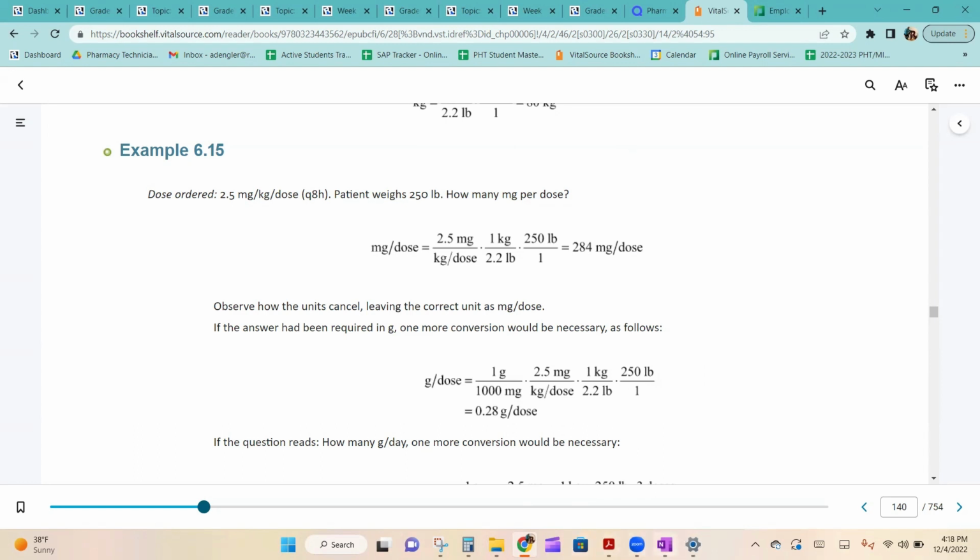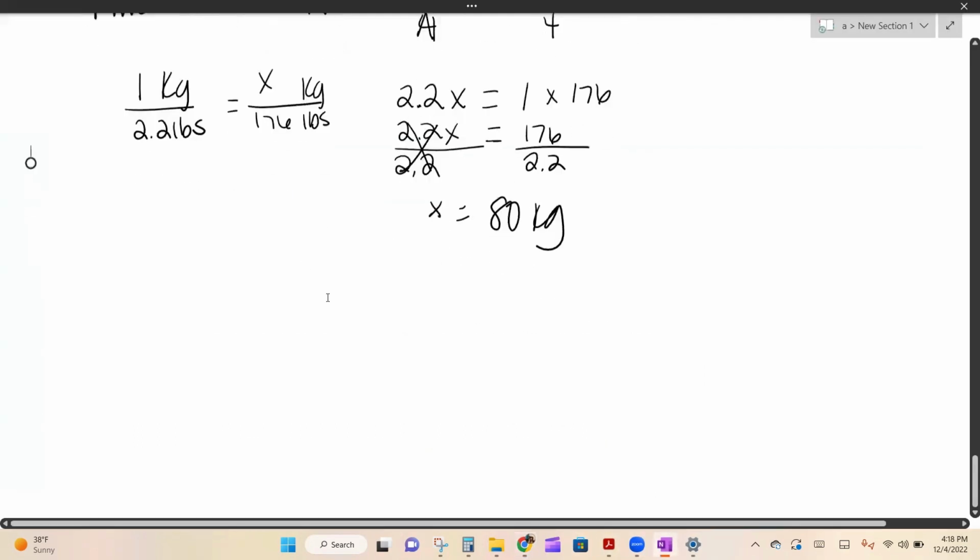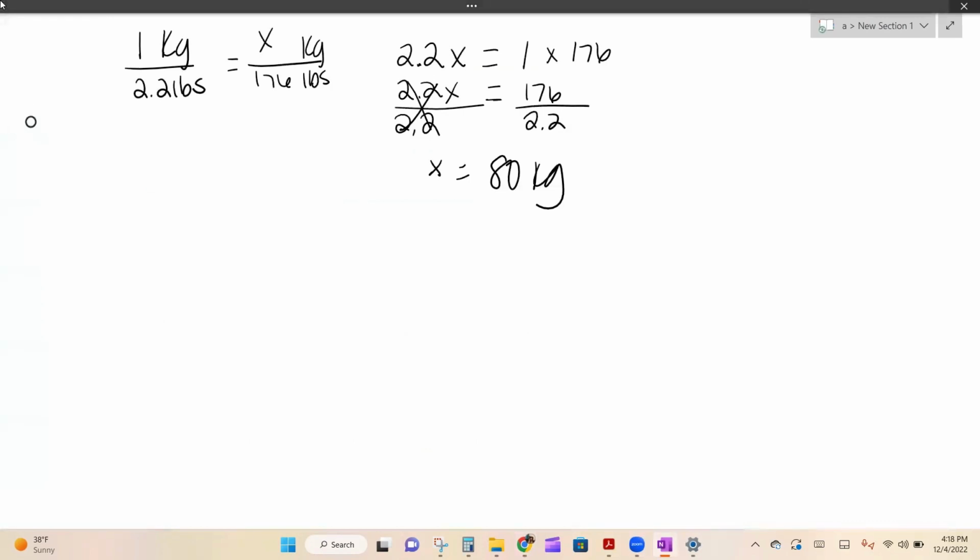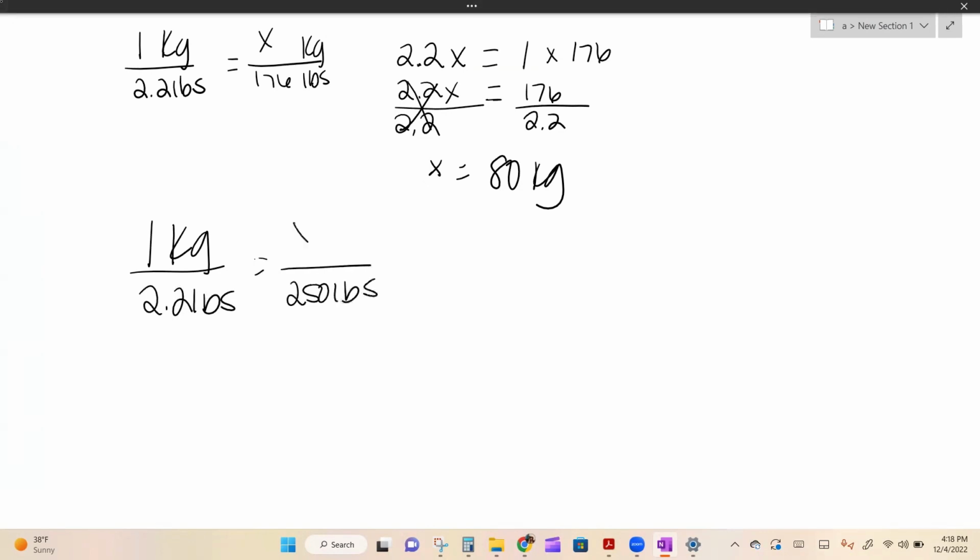First we need to find out how many kilograms they weigh. So again, we'll do a problem just like we have up here: 1 kilogram over 2.2 pounds is equal to x kilograms over 250 pounds. So 2.2x is equal to 250 times 1, which is 250.